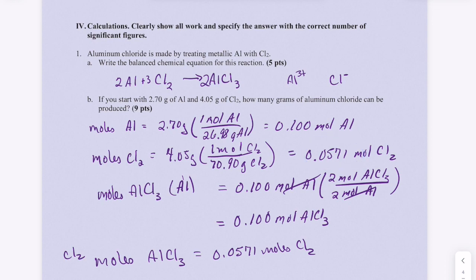And using our stoichiometric coefficients, I've got 2 moles of aluminum chloride per 3 moles of chlorine. And again, that's just based on 2 and 3.